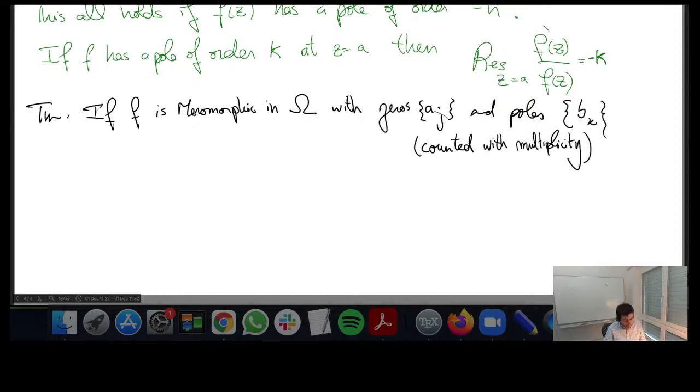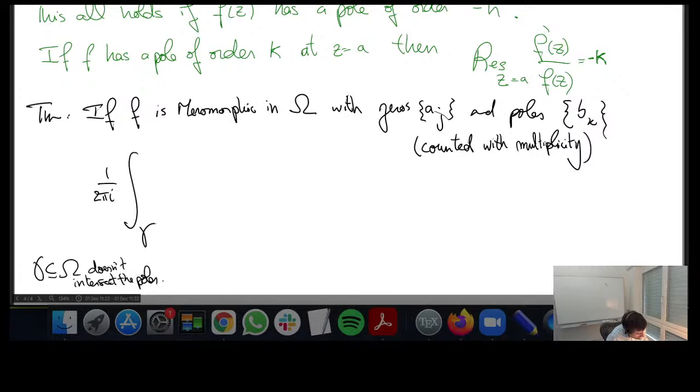Then, if I integrate around a curve, of course, needless to say, the curve can't intersect the poles. The curve is inside omega and doesn't intersect the poles. And I integrate f prime of z over f of z, dz. Then the value of this is the sum of the residues.